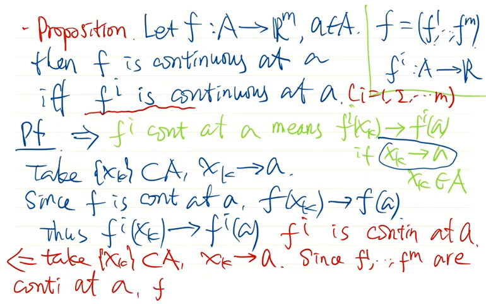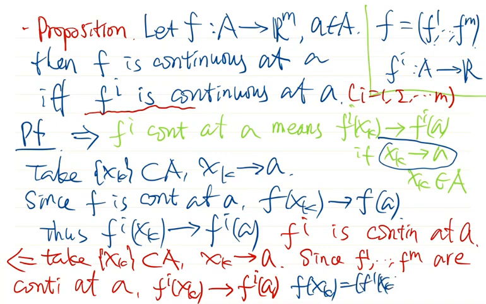all the fi(xk) converge to fi(a). So f(xk) is (f1(xk), ..., fm(xk)). This will converge to (f1(a), f2(a), ..., fm(a)), which is f(a).